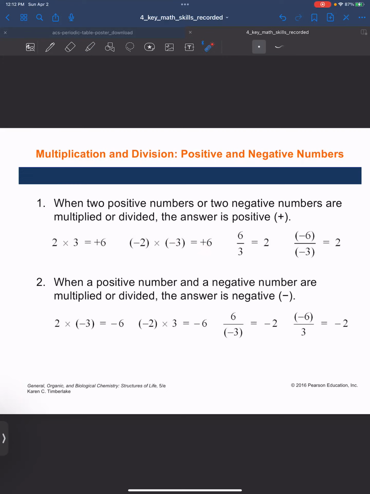So when two positive or two negative numbers are multiplied or divided, the answer is always positive. When a positive number and a negative number are multiplied or divided, the answer is always negative. So for example, 2 times -3 is -6, or -2 times 3 is -6. So only one of them is negative, which makes the answer negative. Same for division.